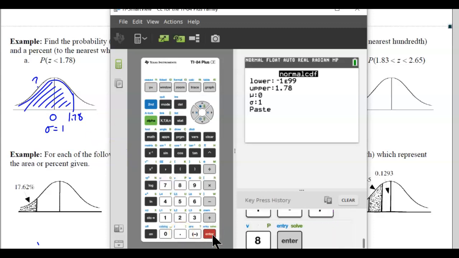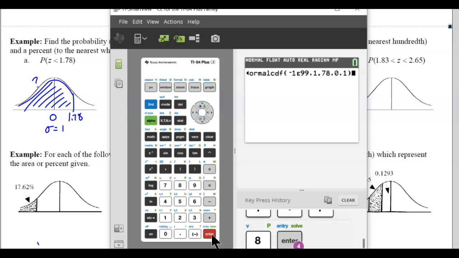Okay, so if we're given z-scores, then we're using 0 and 1. If we're given the mean and the standard deviation, we use those. But we're only given z-scores. So 0, 1, so you go down to paste. When you do that, it shows like that. The n is cut off there.